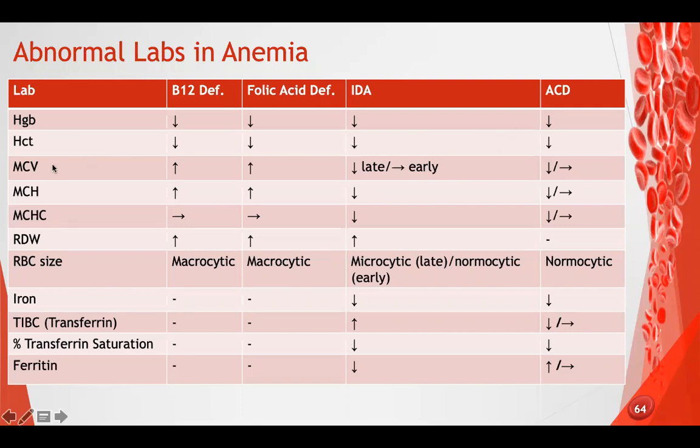But what we start looking at in terms of the differentiation is the MCV, the MCH, the MCHC, the RBC size. Those will be different. And then of course, depending on what we're looking at, with vitamin B12 and folic acid deficiency, we're not going to be looking at iron, but these would be the iron differences, and I will talk about those in just a minute.